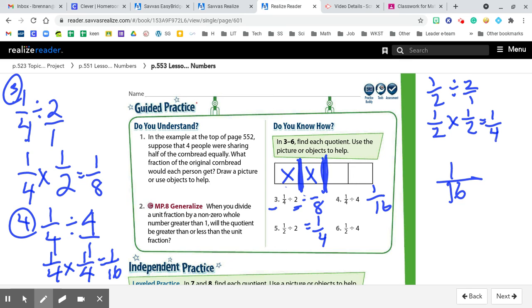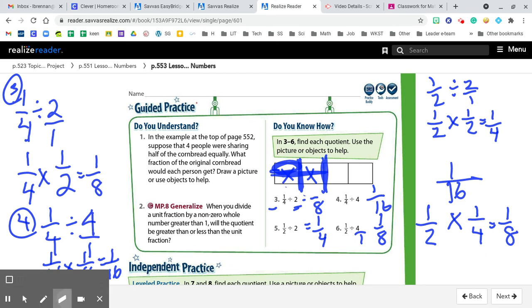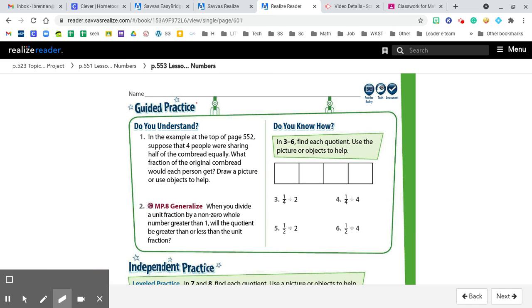It will be 1/4. And for number 6, I'm starting with a half and I'm dividing it into 4. So each little piece will be 1/8. Keep the first fraction, change the sign, flip the second fraction, and multiply: 1/8. There you go. Great job.